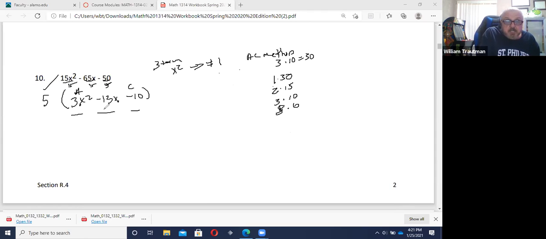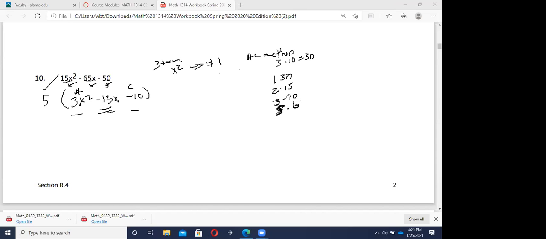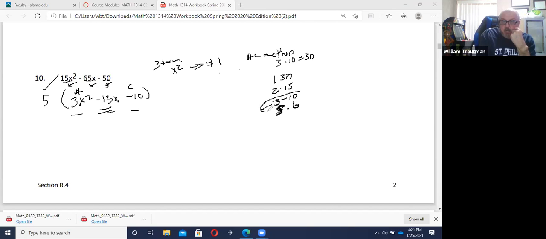Which one will give me a negative 13? Ooh, I like this one. Which one will give me a negative 13? Anybody? Negative 3 and a negative 10. Yes. However, what about this?